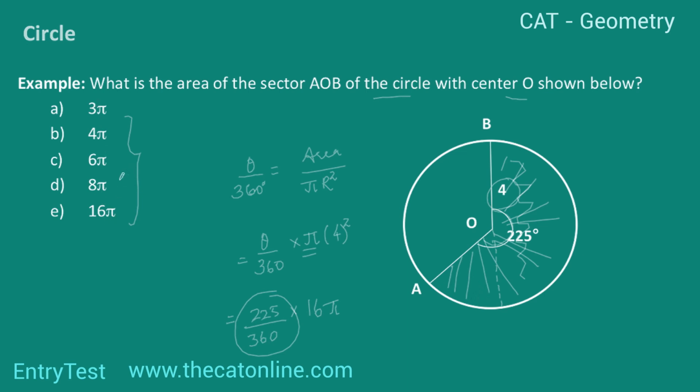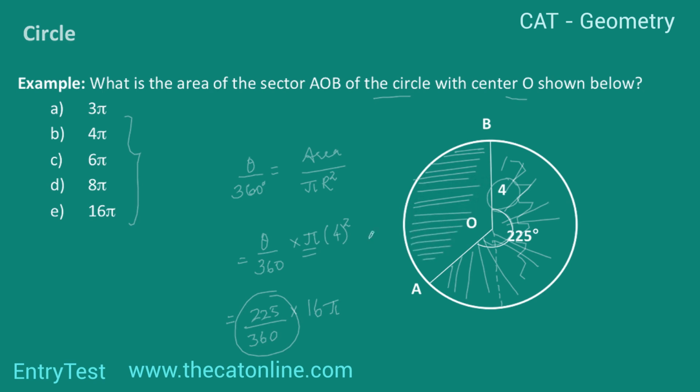So that means the question that I've started with is a wrong question, or I should say the approach that I've taken is a wrong approach, because for 225 my answer has to be more than 8 and less than 16, and there's no such option which is more than 8 and less than 16. So that means the question would have asked me this angle, this sector area.